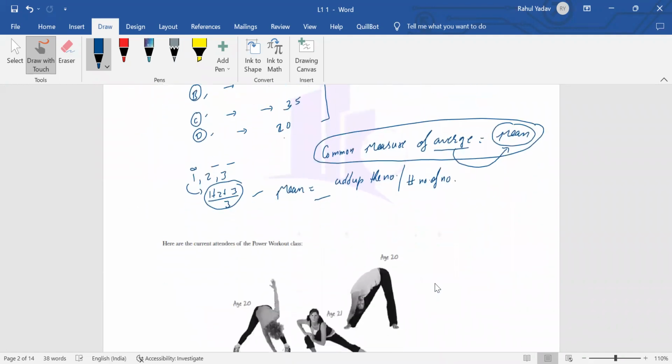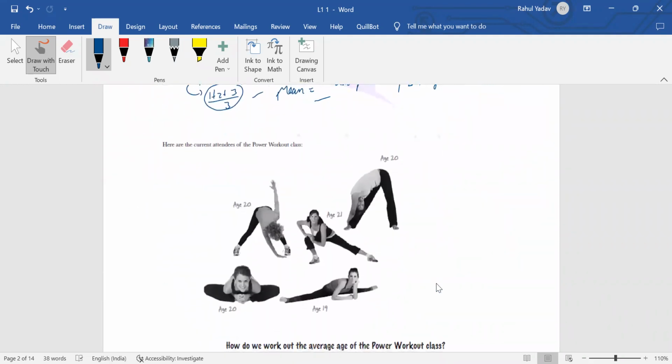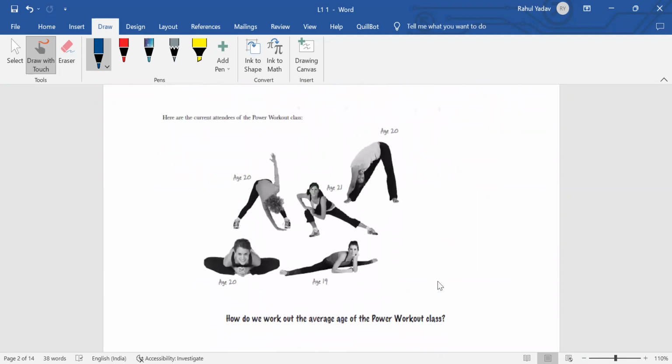Let's take up this example initially. If I have the current attendance of the pre-workout, or power workout, class, the ages of the different people attending our power workout class are 20, 21, 20, 19, and 20. These are the data that I have.